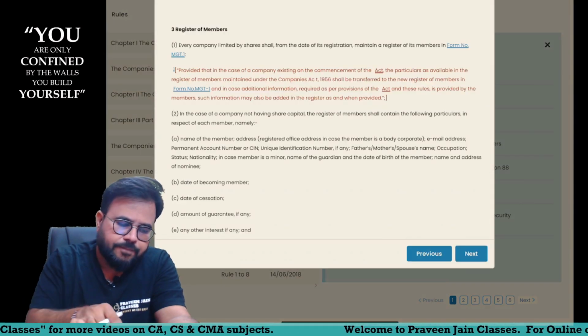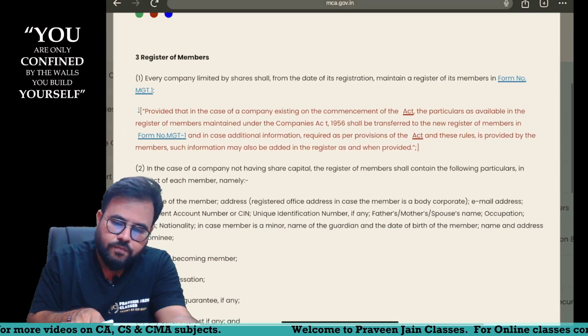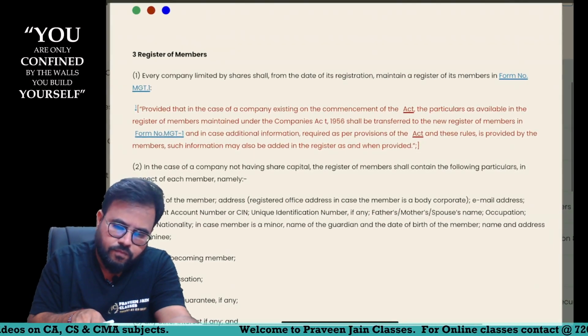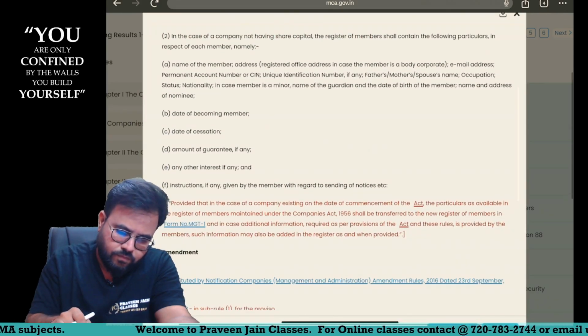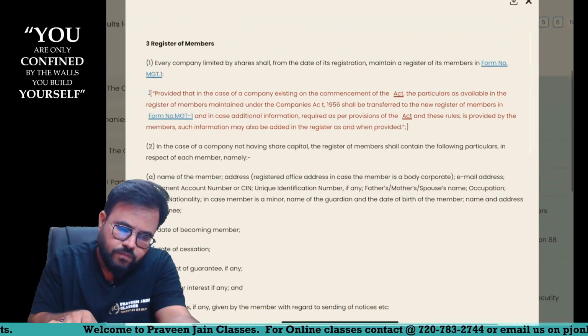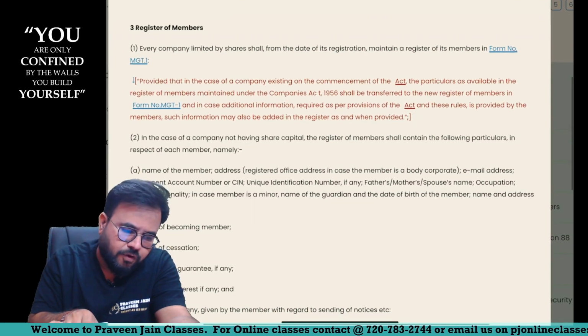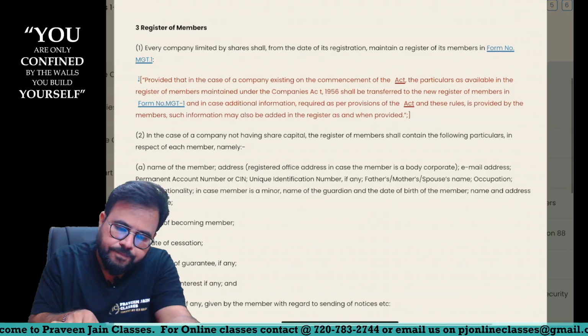Rule number 3. So register of members, form number MGT 1.